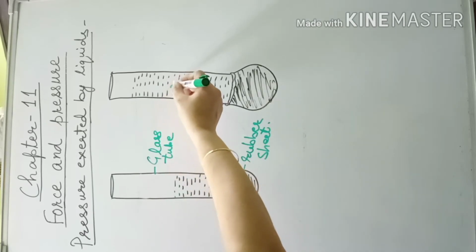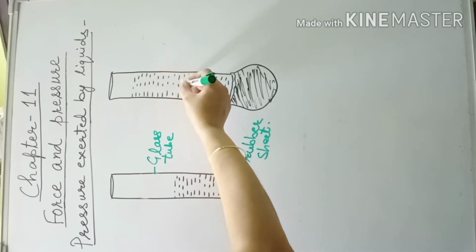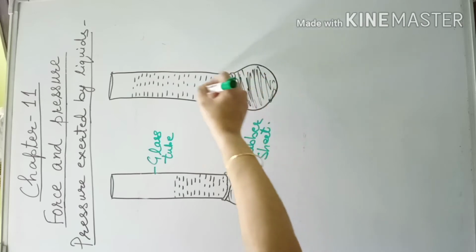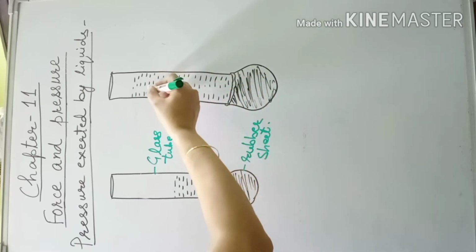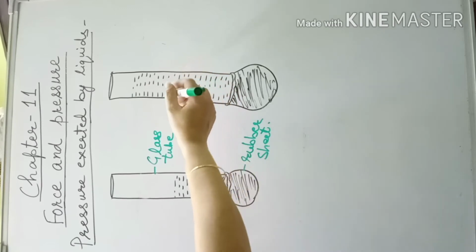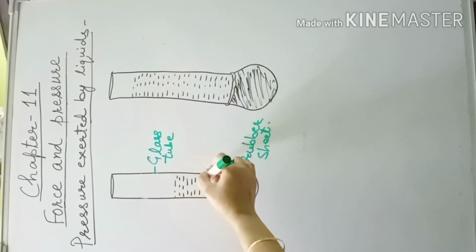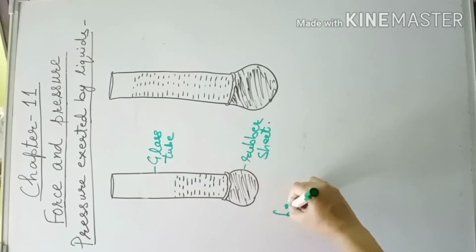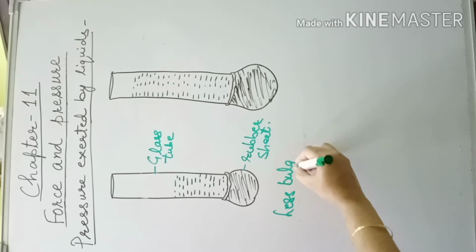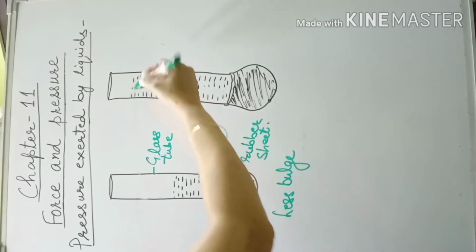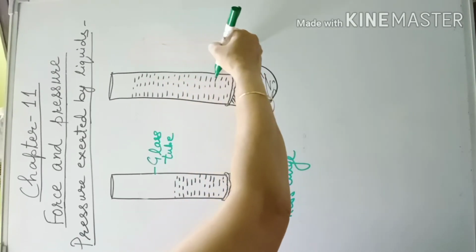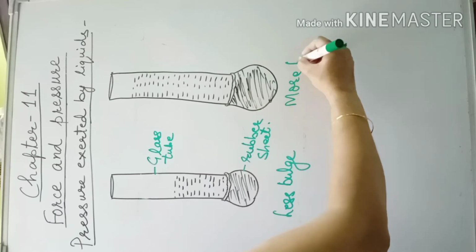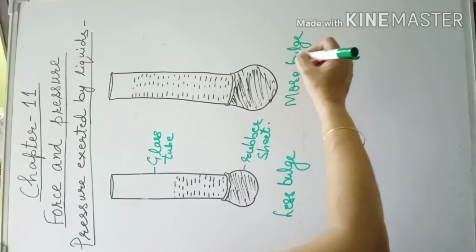Now pour some more water in the glass tube and observe again the bulge in the rubber sheet and the height of the water column in the pipe. So you will observe that when the height of the water column in the pipe is less, then there will be less bulge in the rubber sheet. And when the height of the water column in the pipe is more, then there will be more bulge in the rubber sheet.